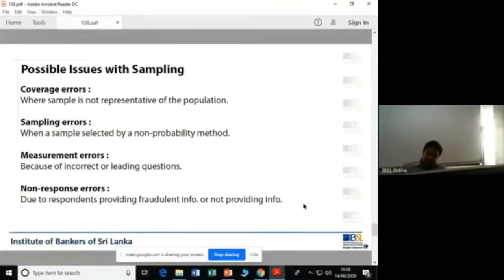So you may select some probabilistic sampling wherever applicable, or if you do not have access to some information on the population, you may also select non-probabilistic sampling.